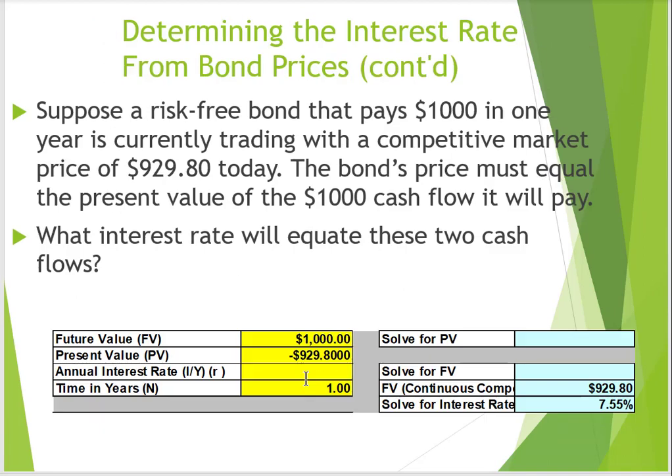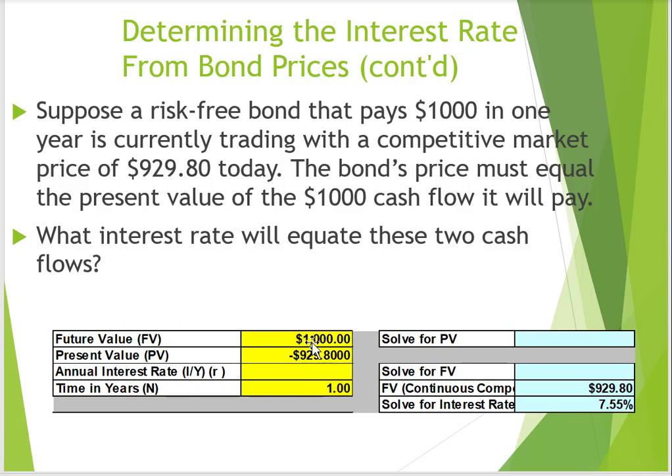So again, we have this risk-free bond that pays $1,000. If it's currently trading for $929.80, the bond's price has to equal the present value of the cash flow it's going to pay. So what interest rate would you earn on this particular asset?